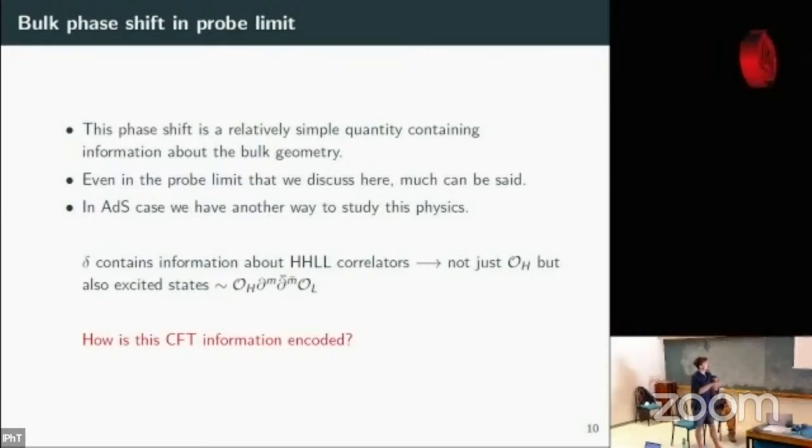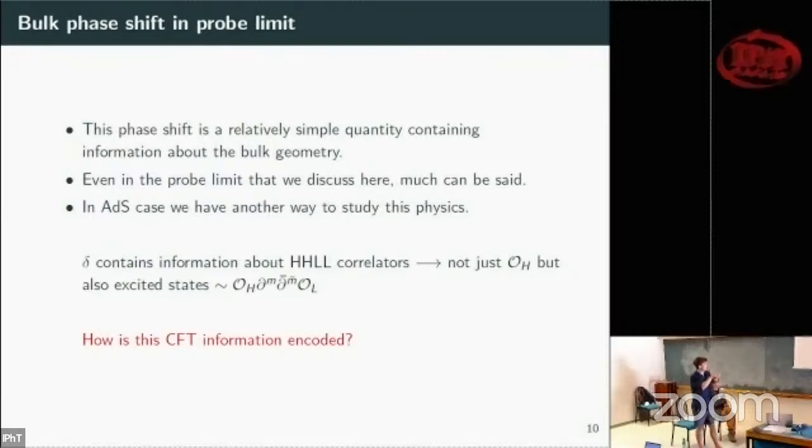In particular, as was introduced in the CFT, in the AdS context, in the probe limit, correlators of this type, where you have two heavy and two light operators, are what you should study, and information about these correlators is contained within this delta.